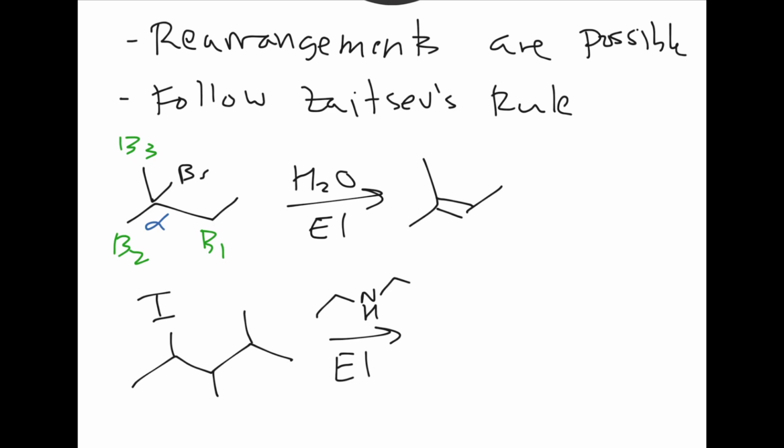For the next one, we have to watch out for rearrangements. Whenever you have a secondary halide that's going to make a carbocation, you have to be mindful that you could do a rearrangement. So the product here is going to look like this.